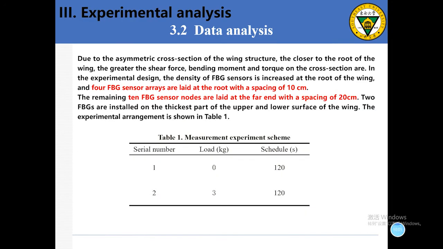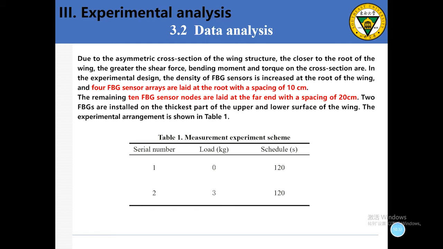After designing the wing structure, we do the data analysis. Due to the asymmetric cross-section of the wing structure, the closer to the root of the wing, the greater the shear force is. Bending moment and torque on the cross-section are.